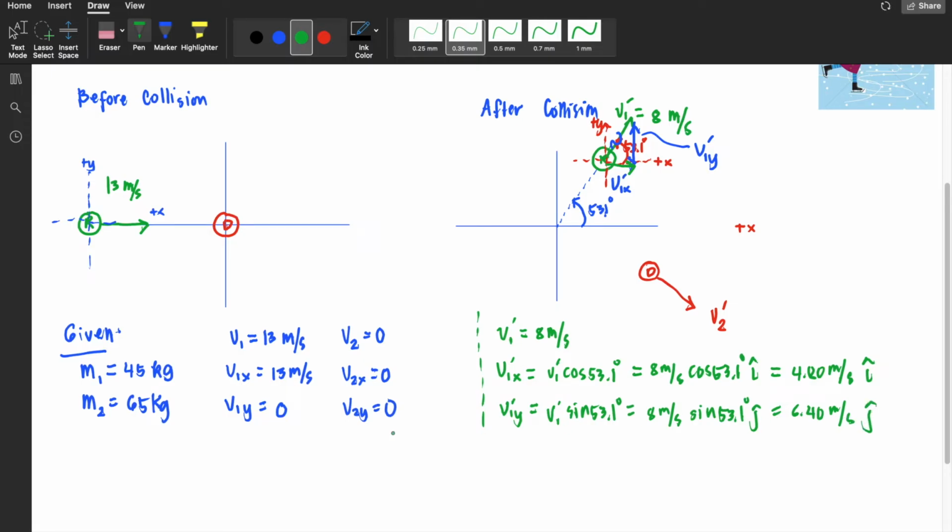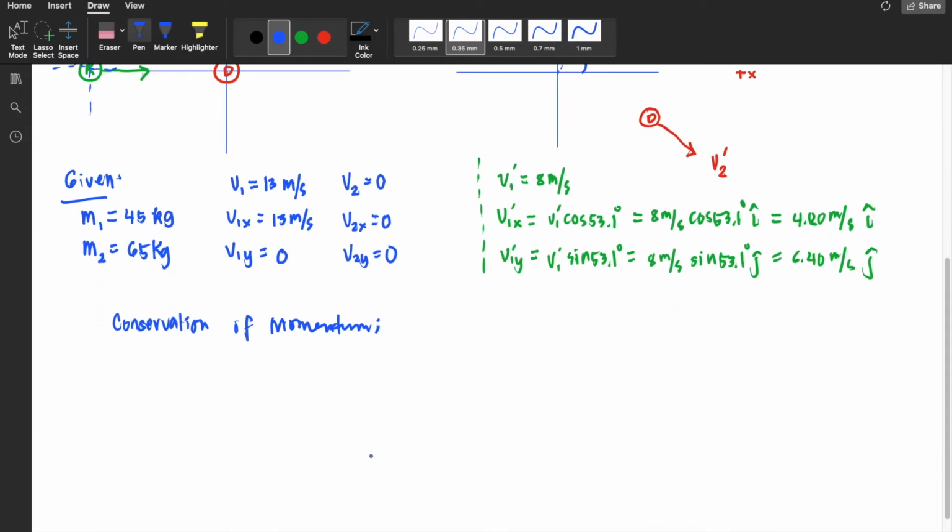If you'll notice, there are 4 components all in all: 1, 2, 3, 4. The next step is to use conservation of momentum. Again, I repeat, using the conservation of momentum equation. I forgot, you need to use components too.